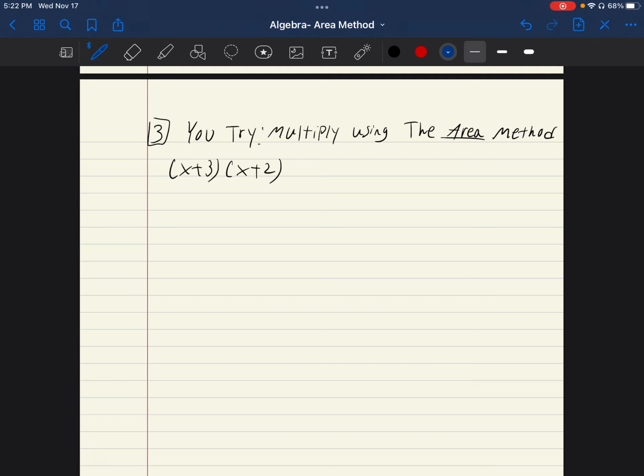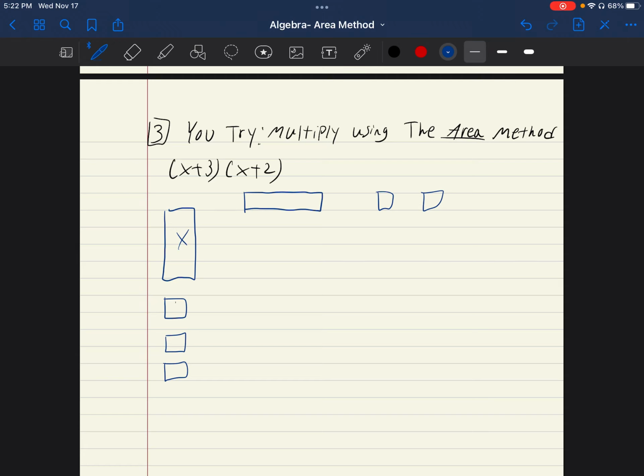Okay, hello class. So we will begin with this example. We have the same dimensions, so 1x and then 3 single boxes for the x plus 3, and then for the x plus 2, we have 1x and then 2 single 1s.